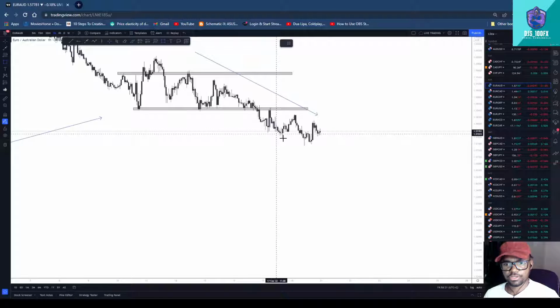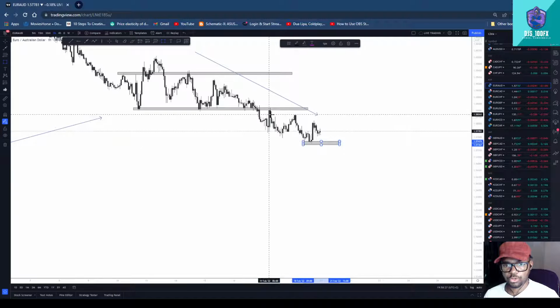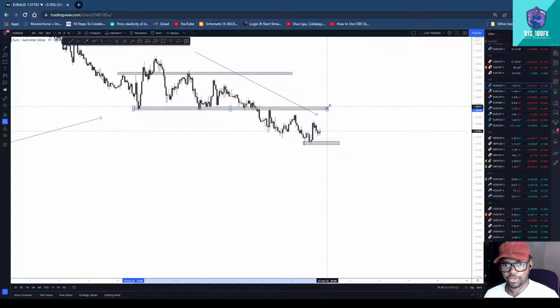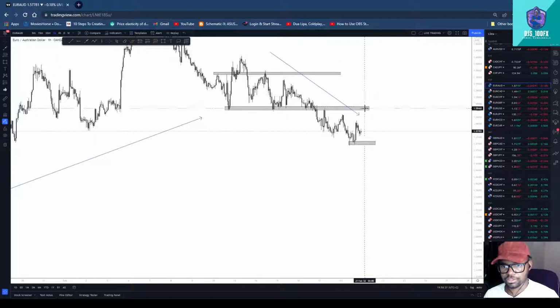So for this pair, I'll be looking for price to break below this level, or for price to get to this level, which is drawn already. If it breaks above this level, retests, and then continues up creating a new higher high, I'll start looking for buys.